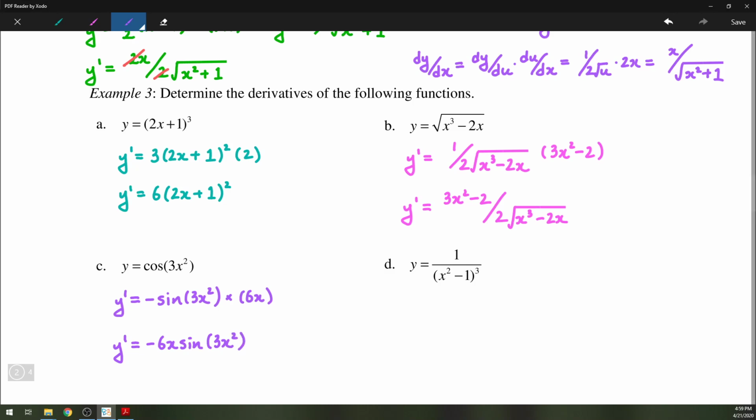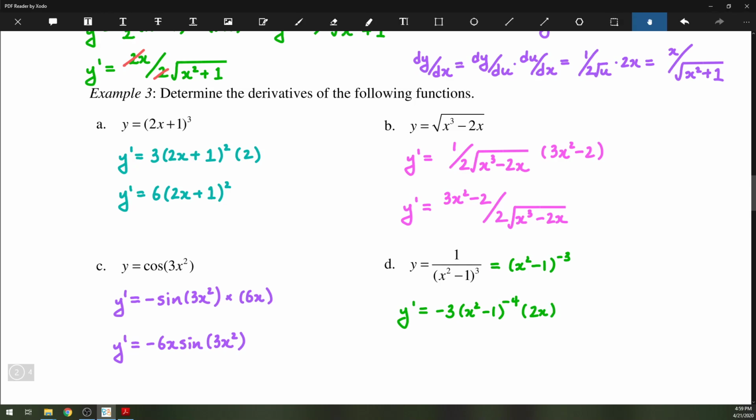All right, and last one on this page. We can rewrite this, of course, as x squared minus 1 to the negative 3 power. Makes taking the derivative a little bit easier. So we have negative 3 times x squared minus 1 to the negative 4 power, and then the derivative of the inner function, which gives us 2x.